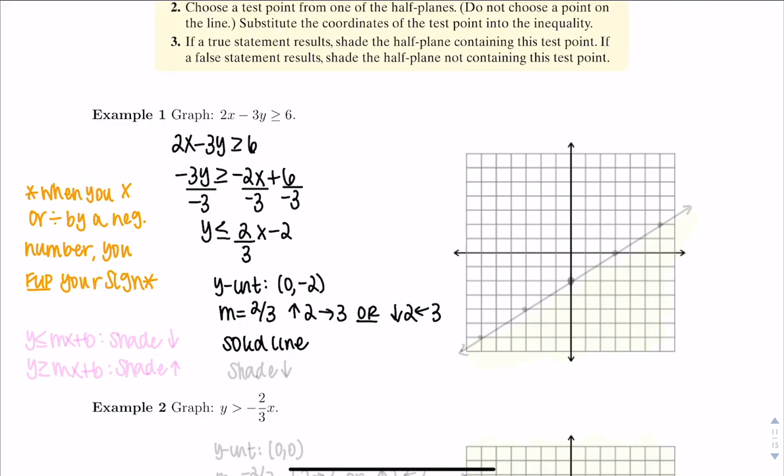If you put it into slope-intercept form, there's a little shortcut you can use. If y is less than or equal to mx plus b, you shade below.